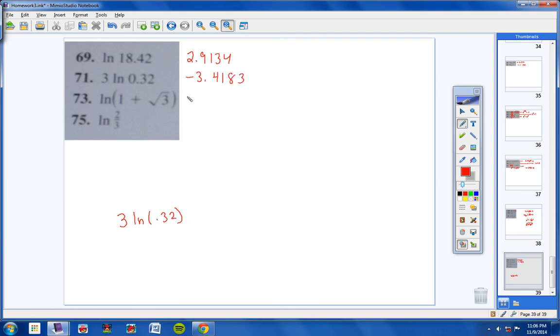Okay, now this one here, students, you can type this right into your calculator the way it is. Hit natural log, make sure there's a parentheses there, then put 1 plus, and hit square root, and this should pop up. Hit 3, and then parentheses twice, like that.